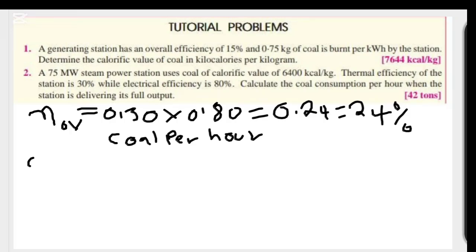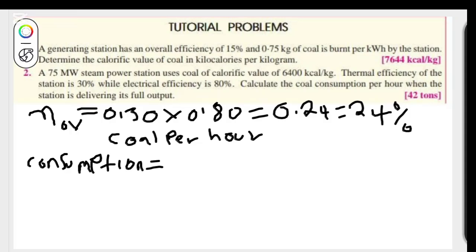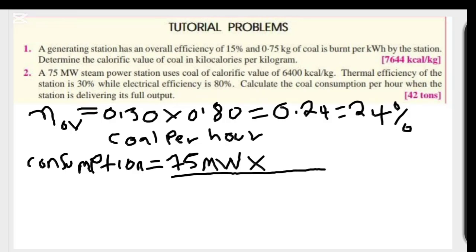If you are going to calculate the coal consumption per hour, it is the same thing as saying the power, which is 75 megawatts, multiplied by 3,600 seconds in an hour.